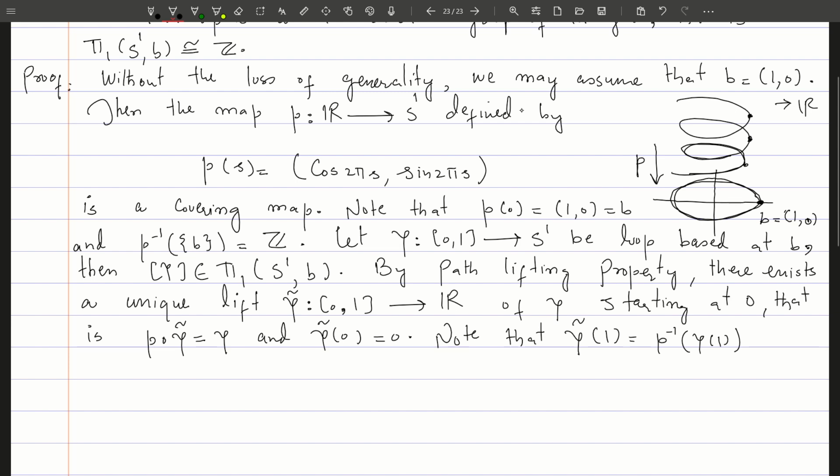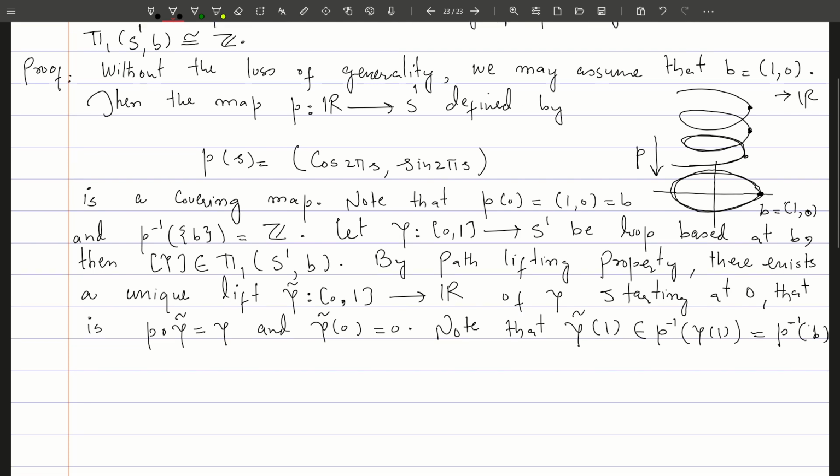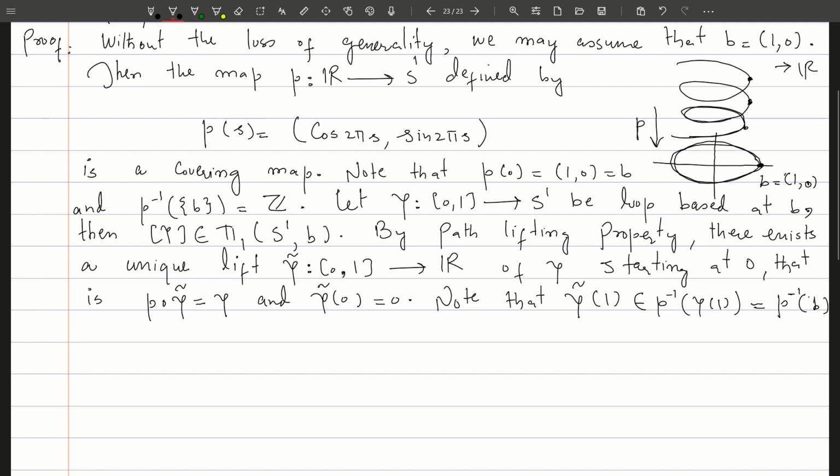But we know that gamma of 1 is actually B. So gamma tilde of 1 is an element of this set, and this set is P inverse of B. So that means gamma tilde of 1 will be an integer, because P inverse of B is equal to Z. Let's write this down here.